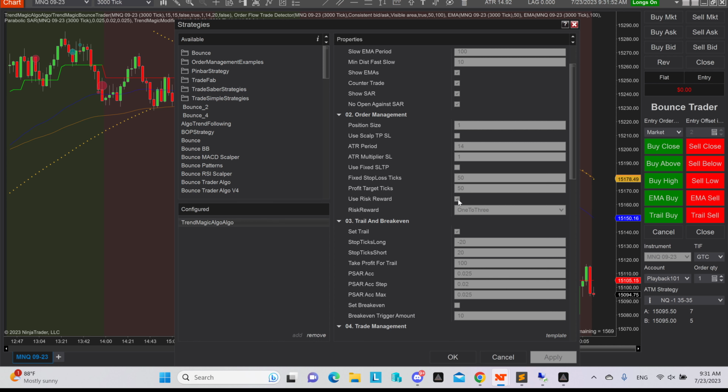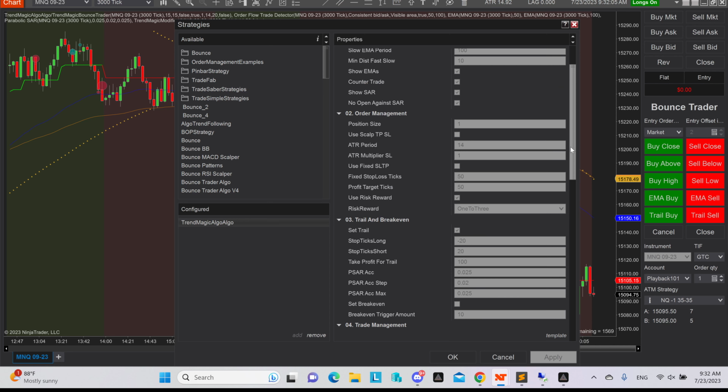You also define use risk reward, which I place at 1 to 3. The way it calculates is between the SAR and the close of the bar.